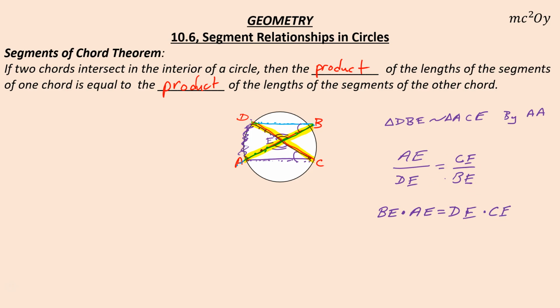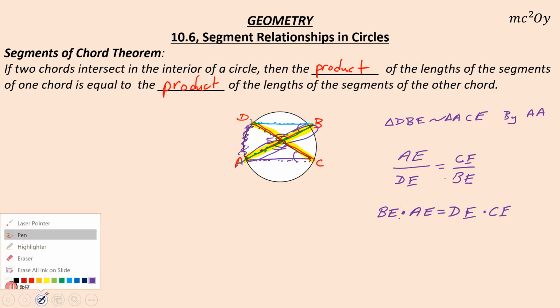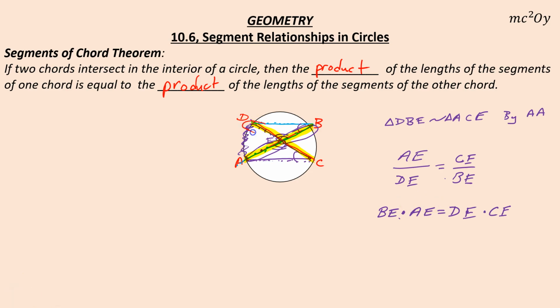And really what that says then is that this segment AE times this segment BE equals this segment DE times this segment EC.